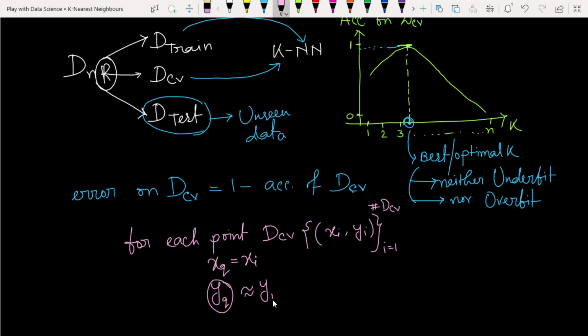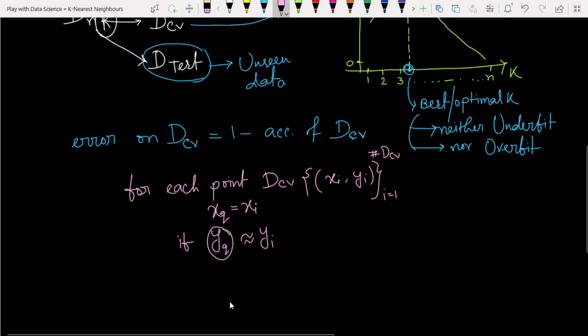If the condition is true, then we count it as a correctly classified point.